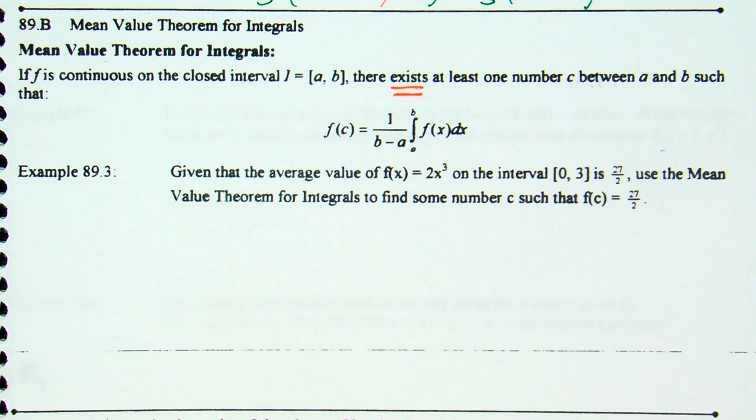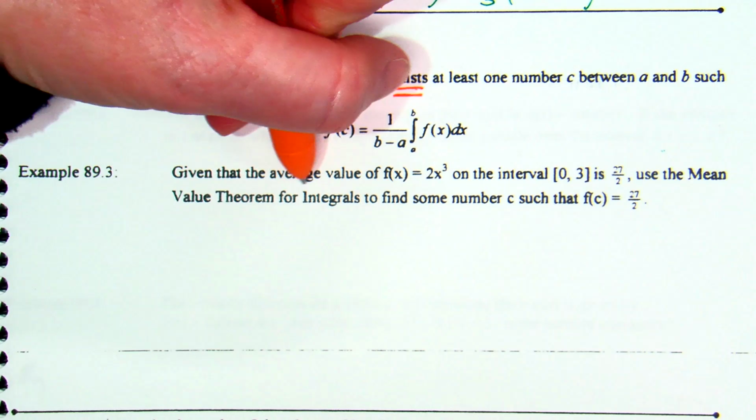So let's look at example 3 here. Given that the average value of f of x equals 2x cubed on the interval 0 to 3 is 27/2. So they've already done that for us, right? Use the mean value theorem for integrals to find some number c such that f of c equals 27/2.